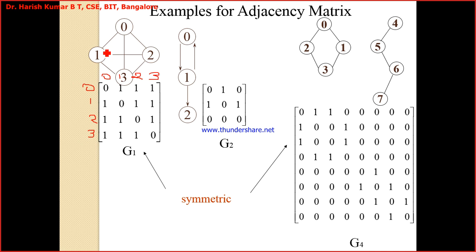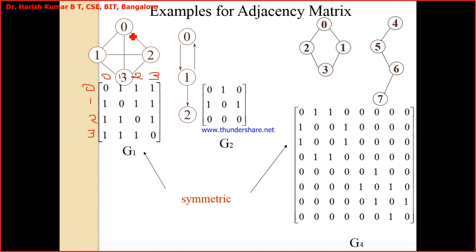Then 0 to 1, is there an edge existing from the vertex 0 to 1? There is an edge from 0 to 1, so it is marked as 1. Similarly 0 to 2 is also there, marked as 1. 0 to 3 also an edge exists, so it is again marked as 1.